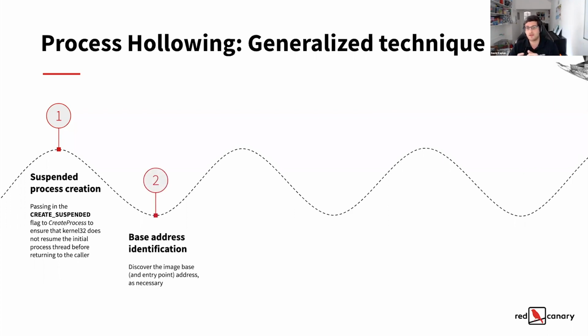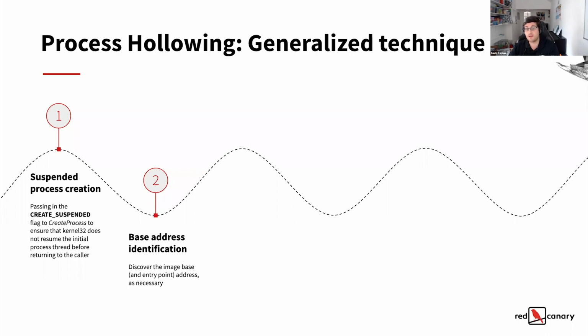The second part of the generalized technique is that the attackers need to discover the image base address of the legitimate executable code within the target process. This can be done in a number of ways. Two popular ways: firstly, to call NtQuerySystemInformation with an undocumented information class that will return the PEB address, and the image base address is simply an offset from that PEB address.